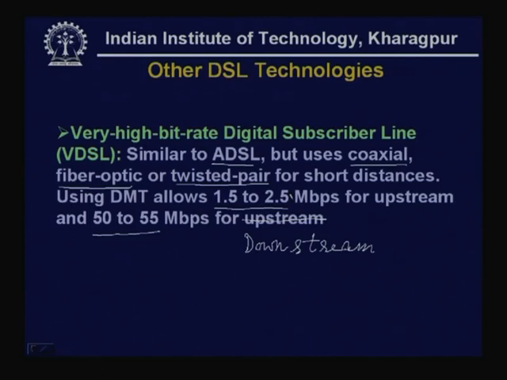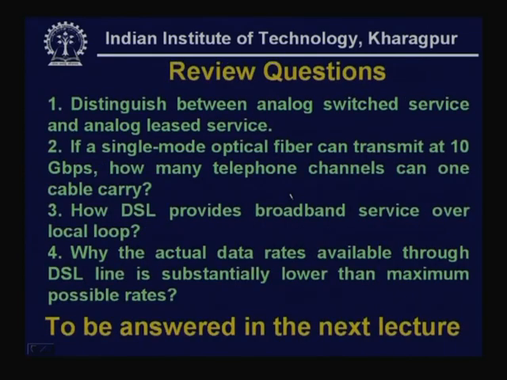So, these are the different variations of DSL technologies that I have discussed, and here are the review questions. Distinguish between analog switched service and analog leased line. Second question, if a single mode optical fiber can transmit at 10 gigabits per second, how many telephone channels can one cable carry?